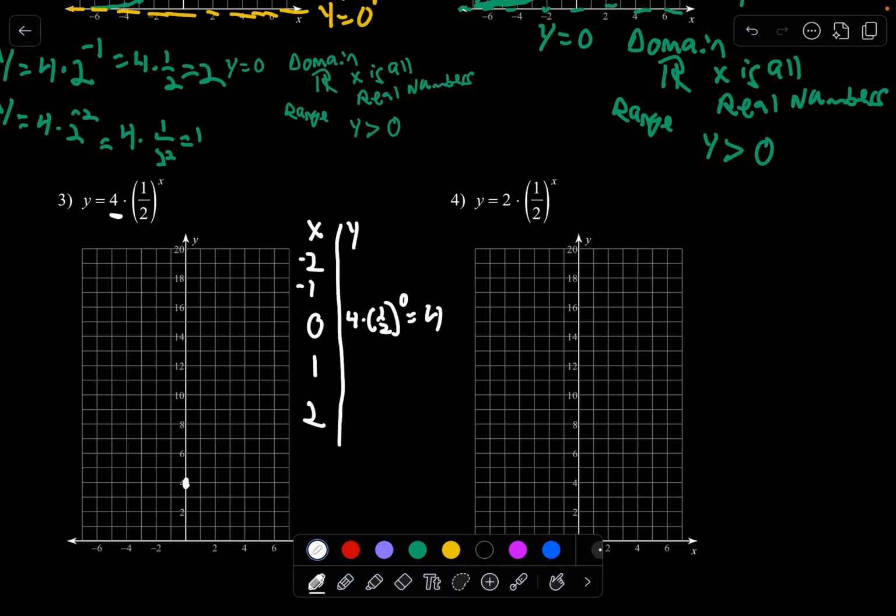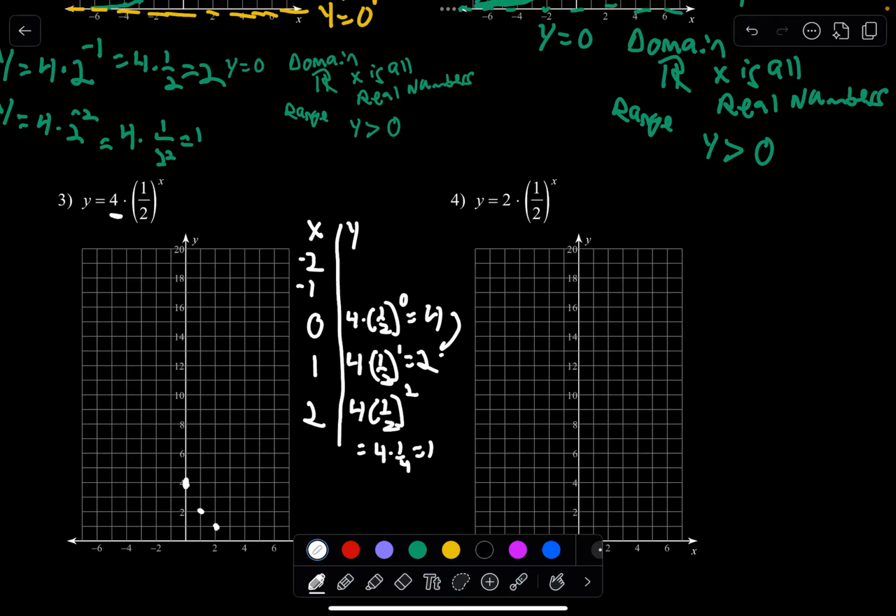All right? When x is 1, that's 4 times 1/2 to the first power, which is 1/2. Half of 4 is 2. So when x is 1, we're down here at 2. And when x is 2, that's 4 times 1/2 to the second power, which is 1/4. So that's 4 times 1/4, which is 1. Notice we are cutting in half going down.